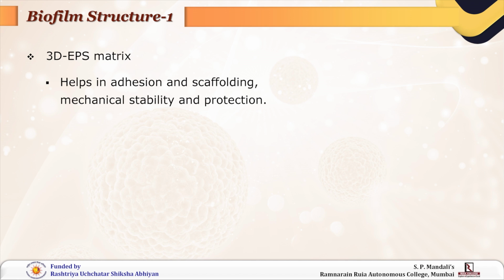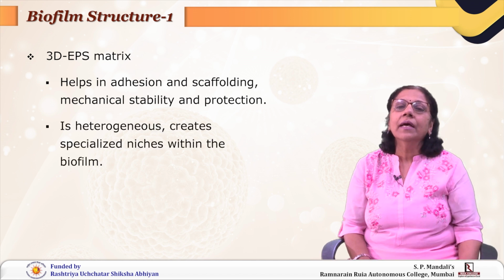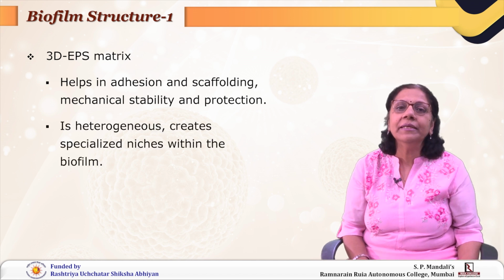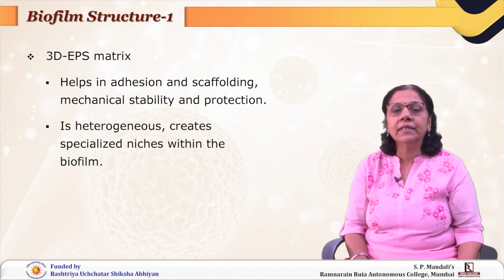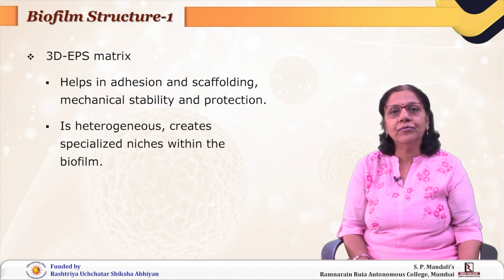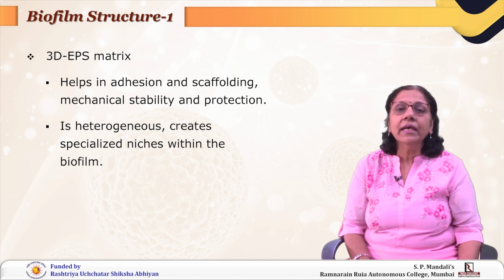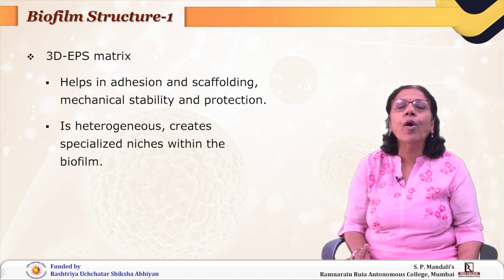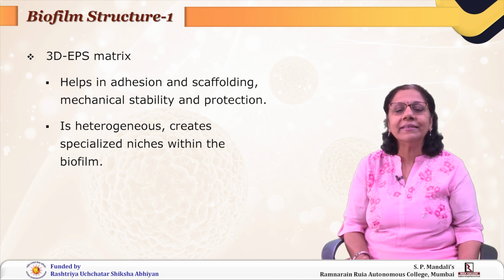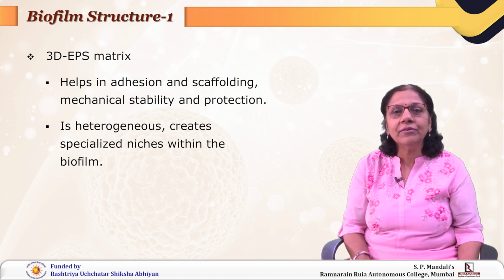This 3D matrix also offers mechanical stability and protection to the biofilm. Most of the times, the biofilm 3D matrix is heterogeneous and differs according to the niche it has been formed in. The structure of the biofilm is very interesting. It is not just a blob of extrapolymeric matrix that is attached to a surface.